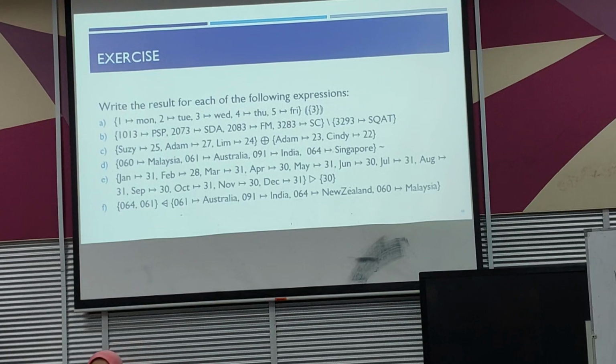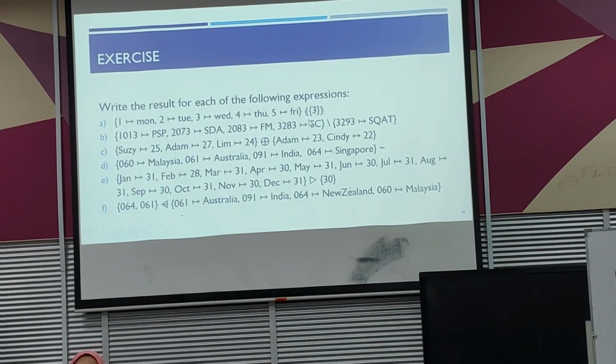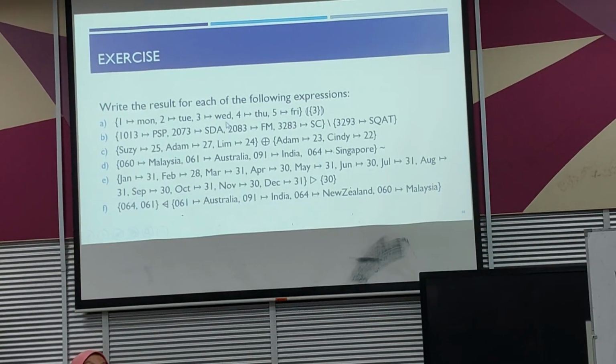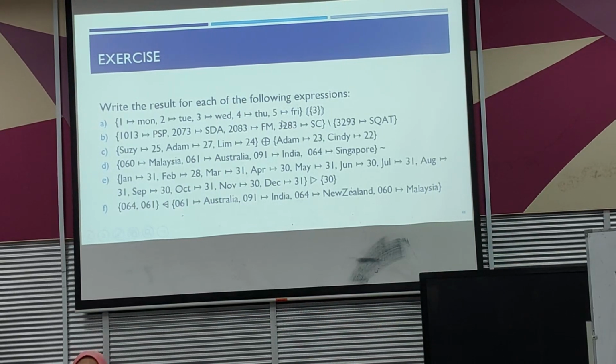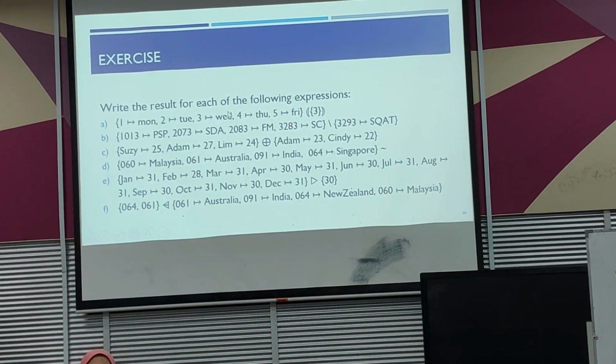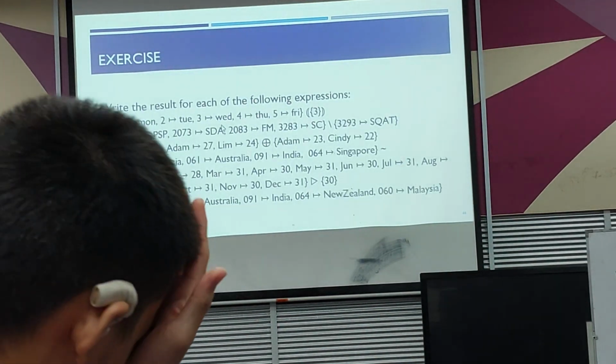What is the symbol here? Relational image, right? You are looking at the domain data. So do we have 3 in the question here? Yes. So the result will be only the range data. The answer will be WED only for this one.